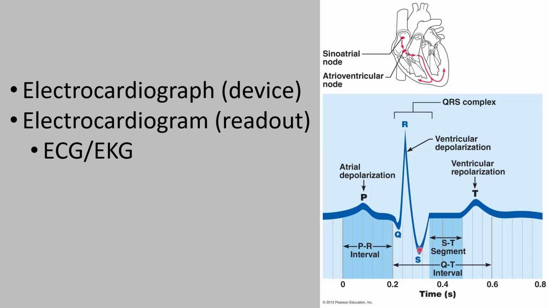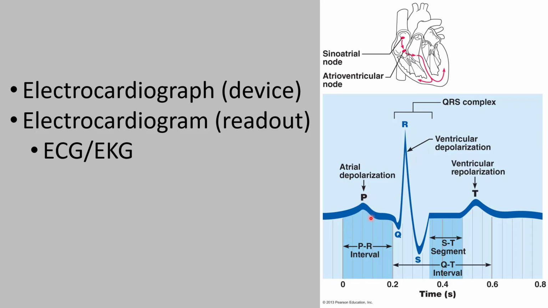Now, during the QRS complex, it's big and spiky. That's because there's a lot going on there. There's 3 different things that happen during the QRS complex, and they kind of overlap each other. So we could say them in a few different orders. I'm going to say, well, we've already been talking about the atria. Let's finish talking about the atria.